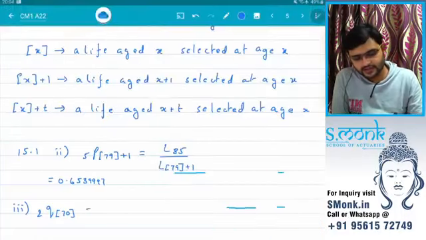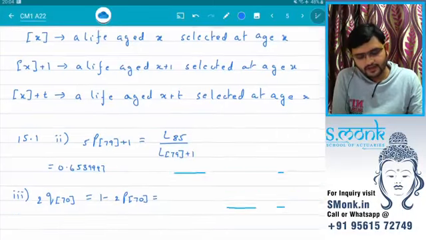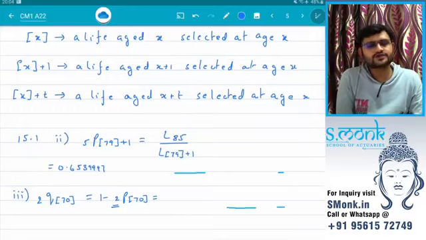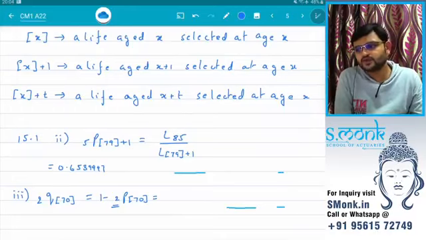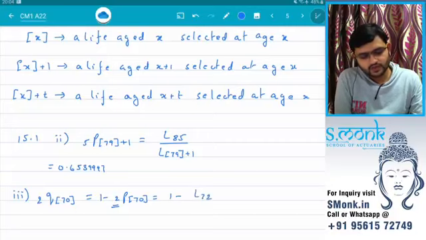So I will write this as 1 minus 2P select 70. And as we said, after 2 years the select period goes away. So as soon as the person becomes age 72, the selection period is of no use. So this will be 1 minus L72 upon L select 70.